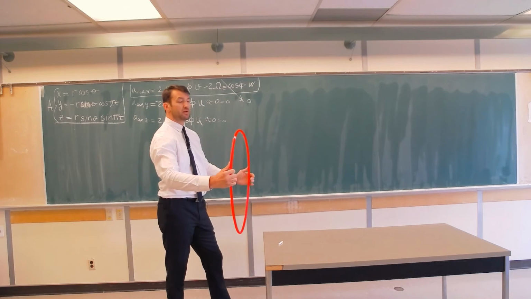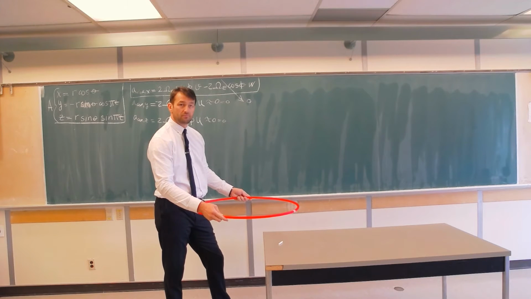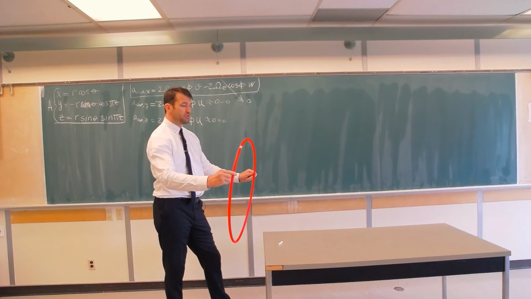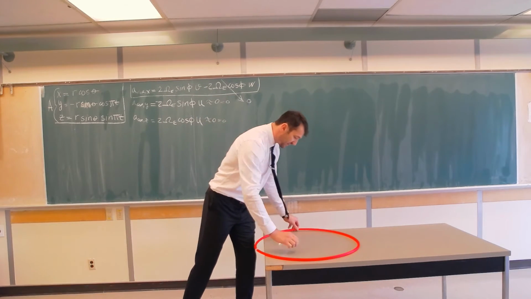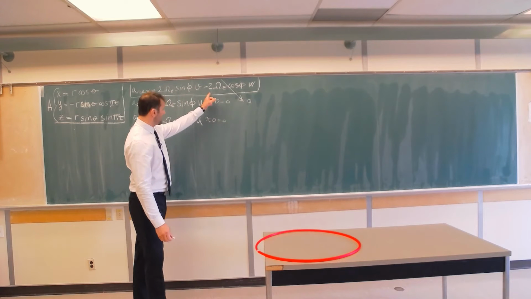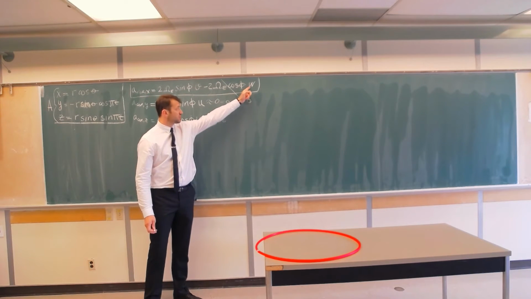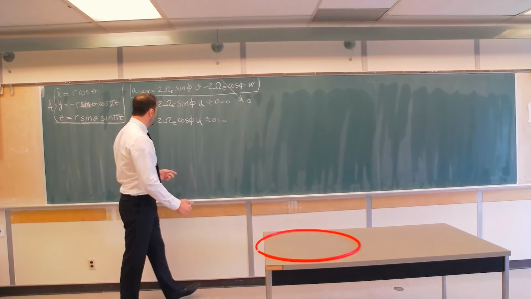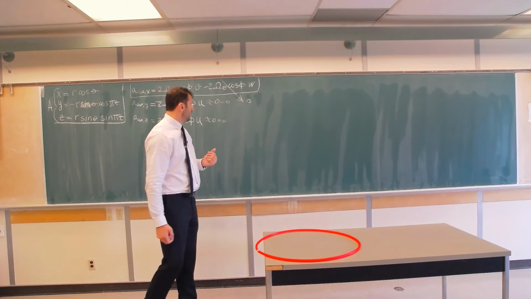W is positive. In the second 90 degrees, it goes down. W is negative. So this contribution to up and this contribution to down cancel out. And they cancel out, which means this term over here associated with w cancels out. That is the physical reasoning.